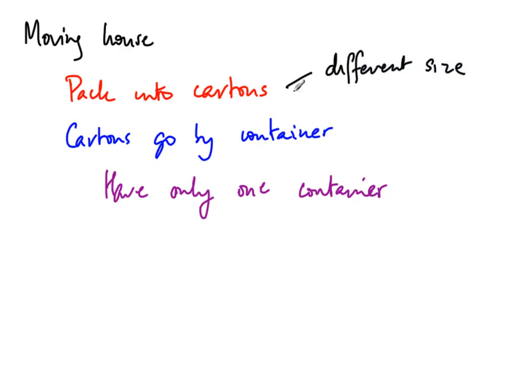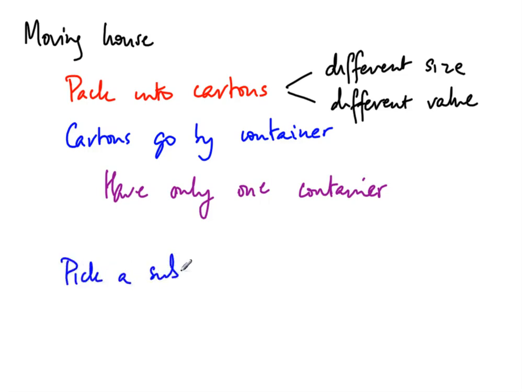and also each carton has potentially a different value. Some may have your books, some may have your kitchen stuff, and so on. So now here the optimization problem is the following. You have to pick a subset of cartons to load into the container.